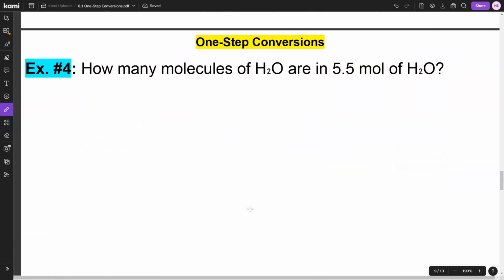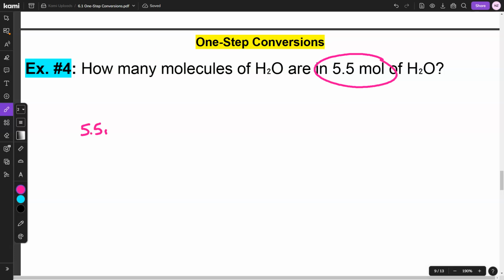All right, let's do another example. This time let's go the other way. So again, we're going to start with our given. This time it's 5.5 moles of water, which is H2O. Okay, so we're going to use Avogadro's number. So if moles are here, remember Avogadro's number is going to be particles.